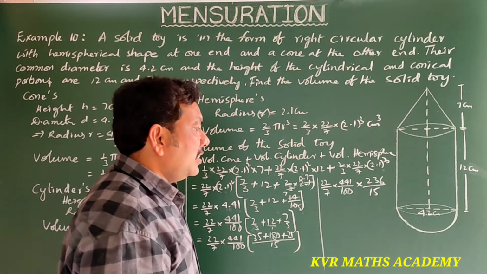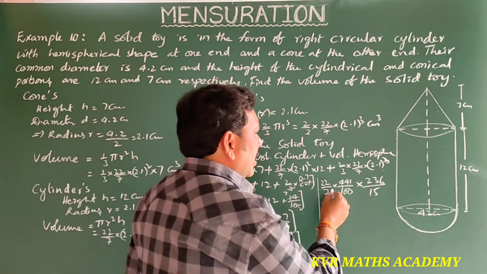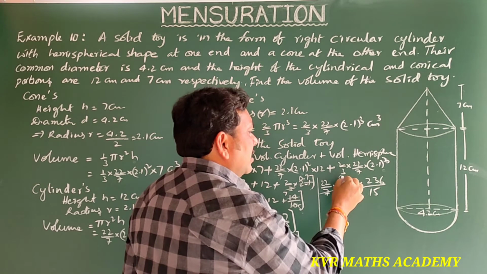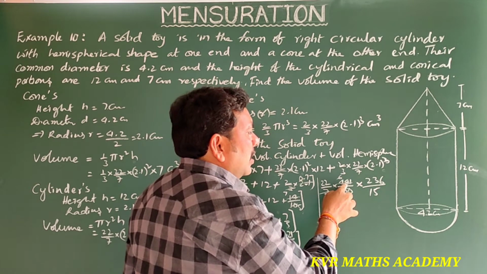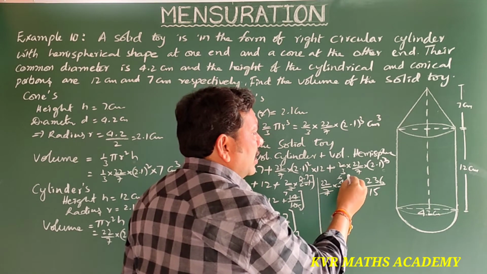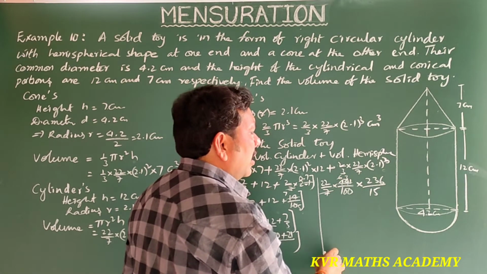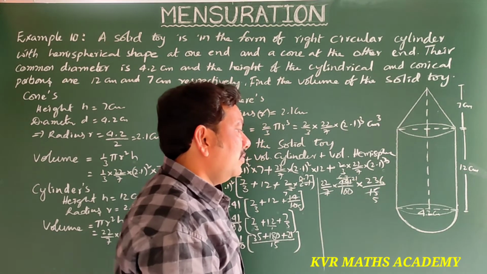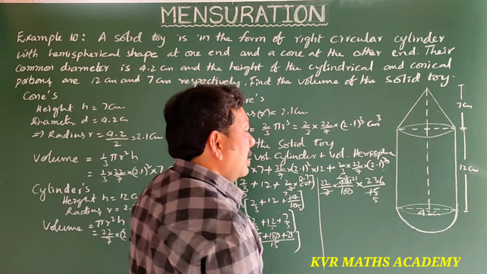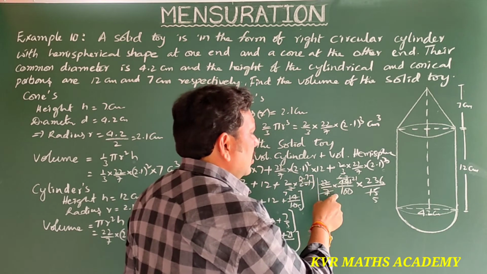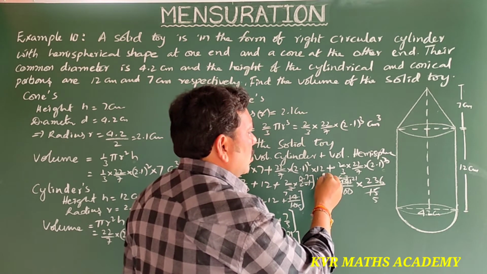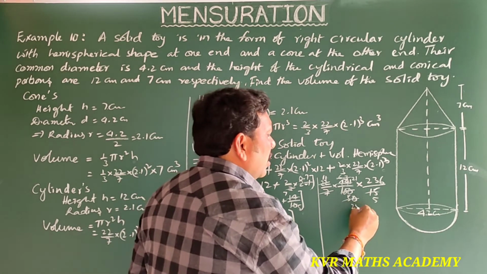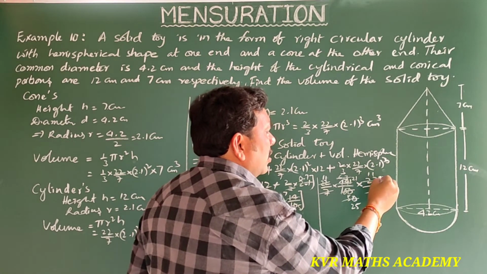Which table gets cancelled? See, in 441, the 7 table gets cancelled: 7 6s are 42, 7 3s are 21. Next, again 3 and 5 cancel, 3 21s are 63. Then 2 11s are 22, 2 50s are 100, 2 25s are 50, 2 118s are 236.